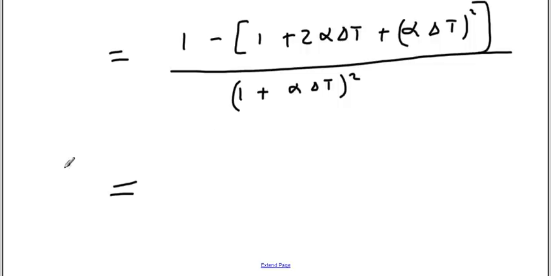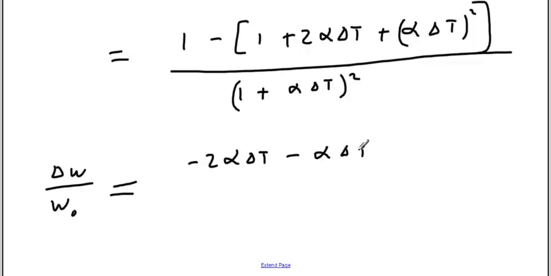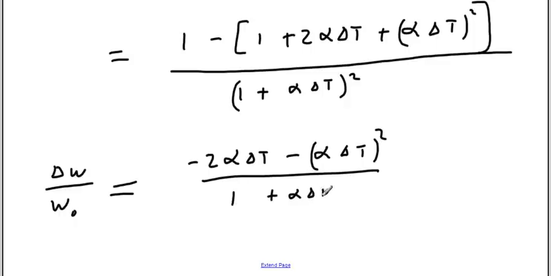Now remember that this is change in omega naught. So this is the fractional change that we're looking for. Okay, so now we've got minus 2 alpha delta t minus (alpha delta t) squared, divided by (1 plus alpha delta t) squared.